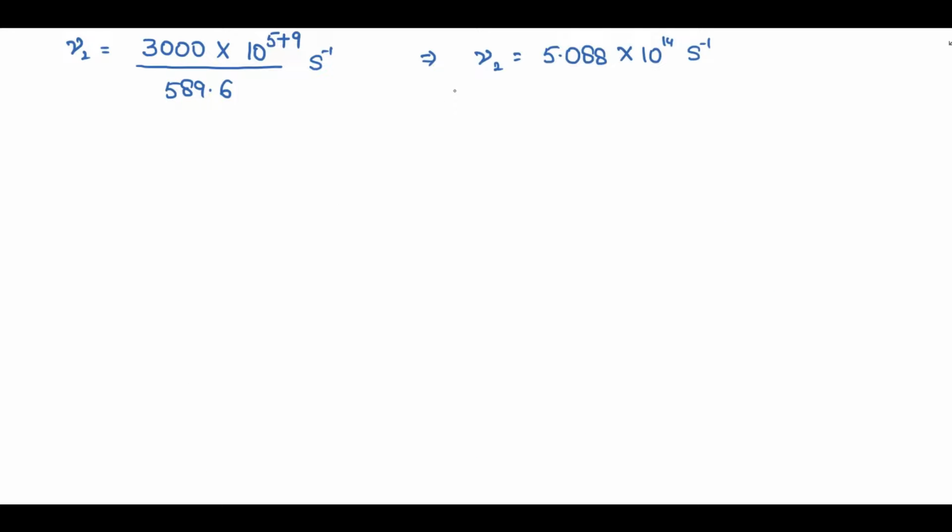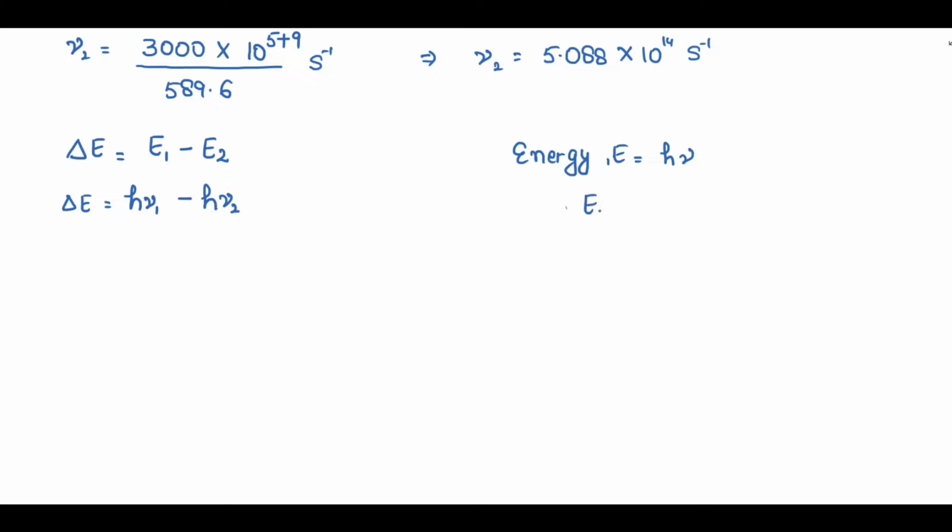I have to find the energy difference between two transition states, right? So for this, I'll use the formula delta E equal to energy of first transition state minus energy of second transition state, right? So delta E equal to, now energy can be found out by E equal to H nu, right? So I'll mention H nu 1 minus H nu 2 over here, right?